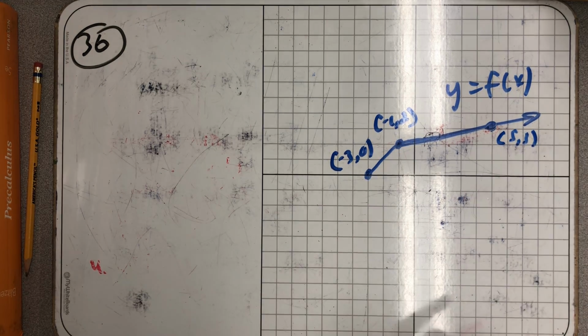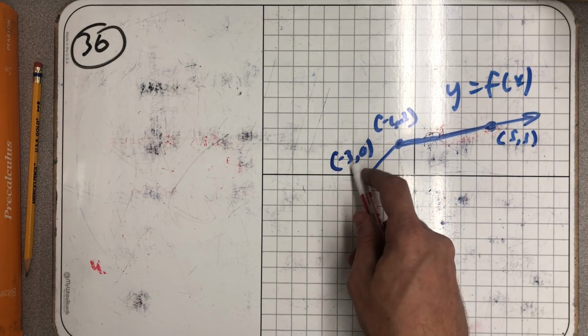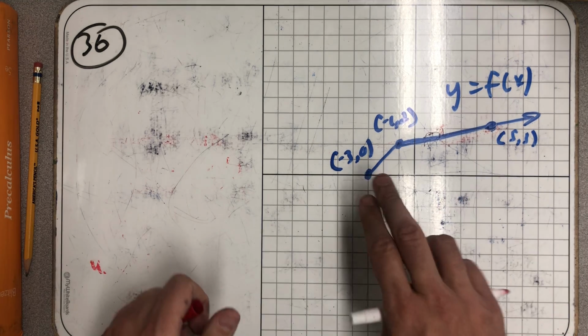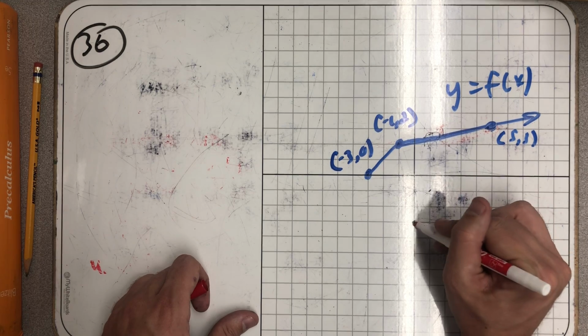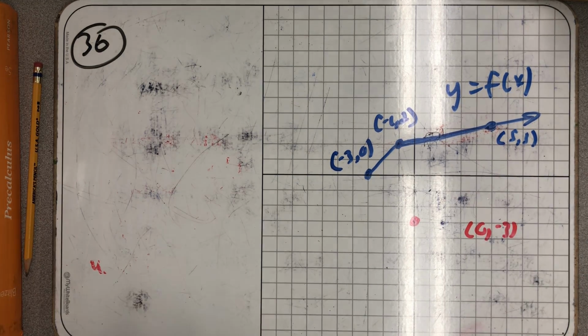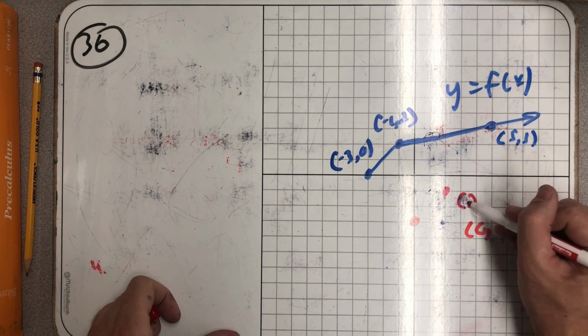And the instructions are to use this graph to graph the inverse function. And all I have to remember is that the x's and y's swap. So if the point minus 3, 0 is on the function, the inverse function has to contain the point 0, comma minus 3, which is right here. All right, minus 1, 2 is on the graph, so 2, comma minus 1 has to be on the inverse.